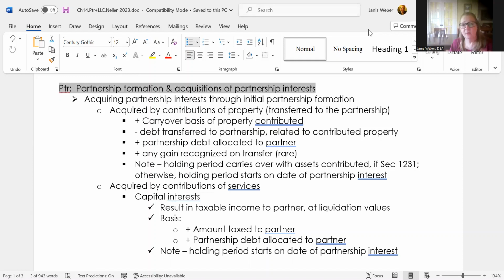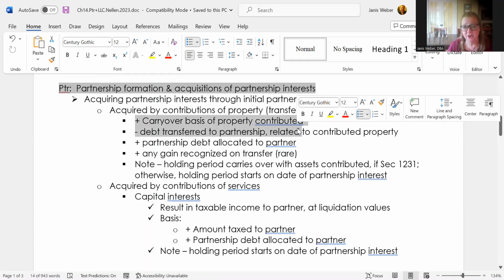And so the basis they would have would be whatever their carryover basis was in the asset they just put into the partnership. And if there was some debt against it, like you had a building, but you still owed on it and you put it into the partnership and the partnership took over the debt, then what you would do is take your carryover basis in that property and reduce it by the debt that was attached to it.